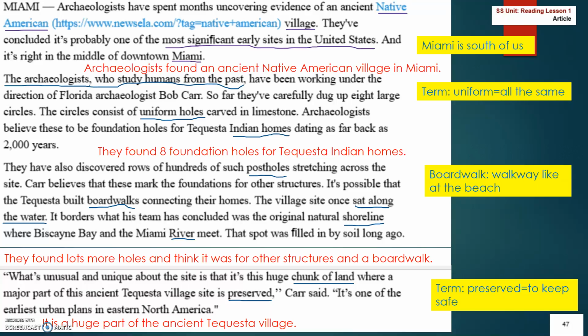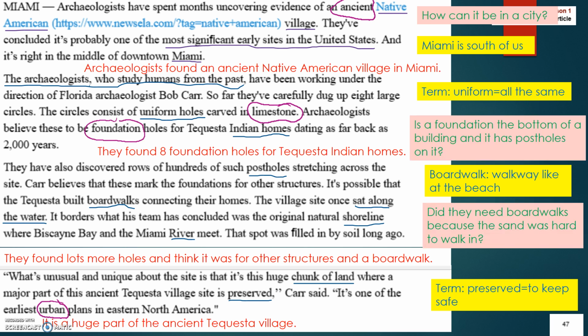So here's our first page of our article. And you can see that it's getting pretty busy with all of our underlinings and our gists and our things we know in yellow, but we're going to add on. So in the beginning paragraph, I circled the word ancient.